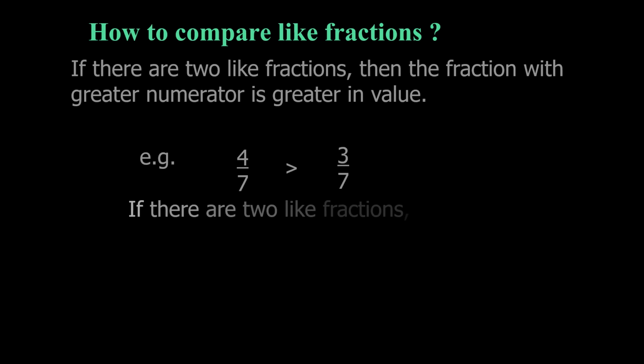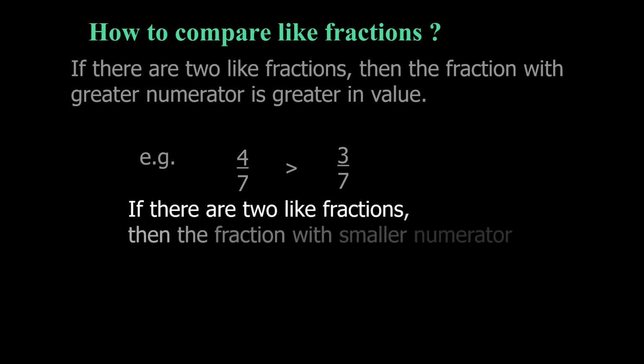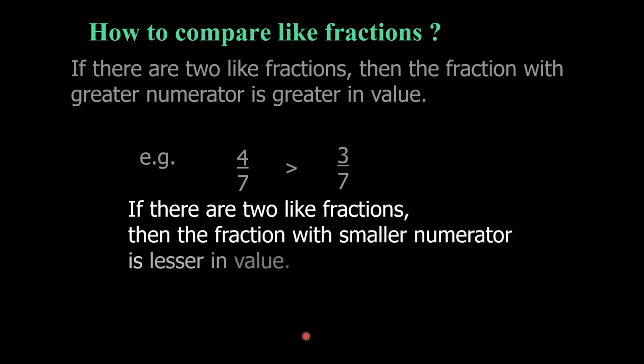If there are two like fractions, then the fraction with the smaller numerator has the lesser value. So the same, if we have two like fractions, okay, so here 2 is less than 8, isn't it? 8 is the greater number, so we write like this. So to compare like fractions, we should compare the numerators.